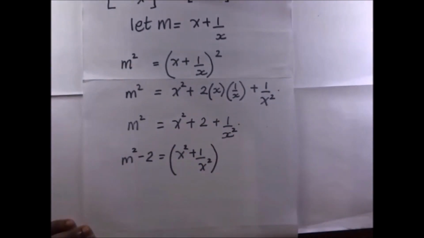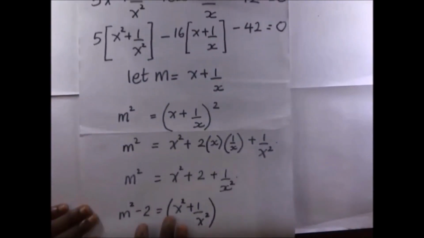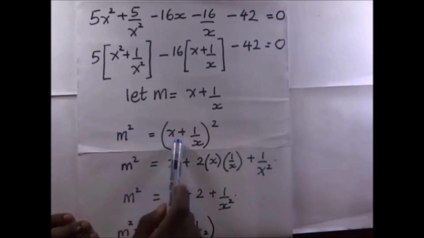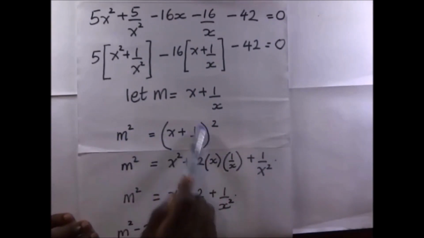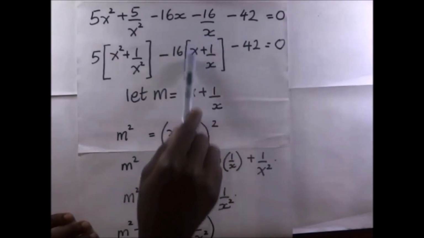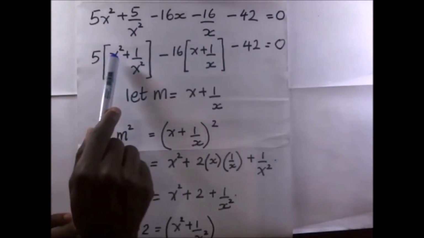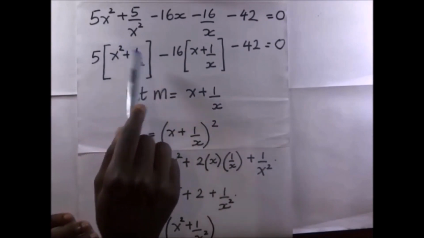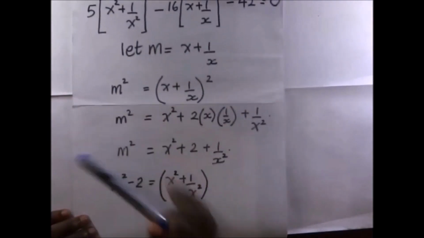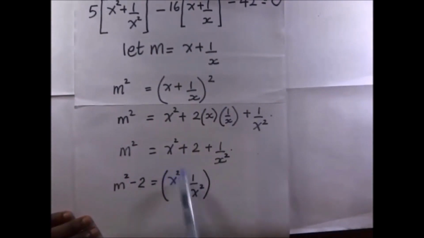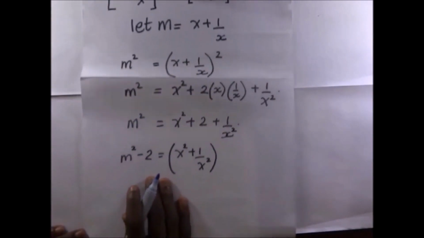So after getting our values of m, here we got m squared minus 2 is supposed to be equal to x squared plus 1 over x squared. So we substitute for this, we put m squared minus 2 in this expression, x squared plus 1 over x squared. And then our equation is going to become like this.